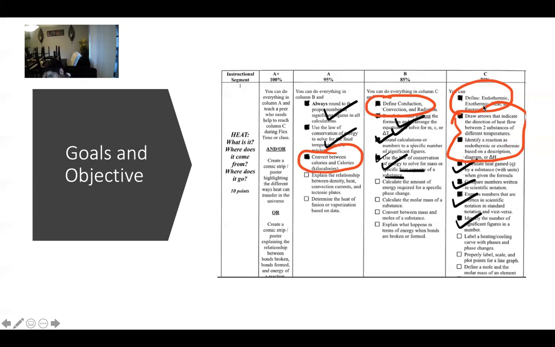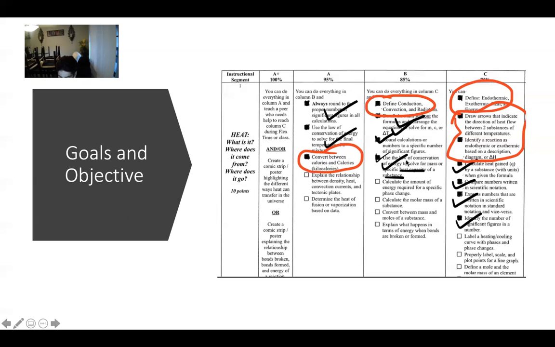We'll talk about the definition of that, and then I think I briefly talked about how to indicate arrows of heat flow between two substances of different temperatures. Briefly, do you remember that? Yeah, I do. We'll talk about that a little bit as well.